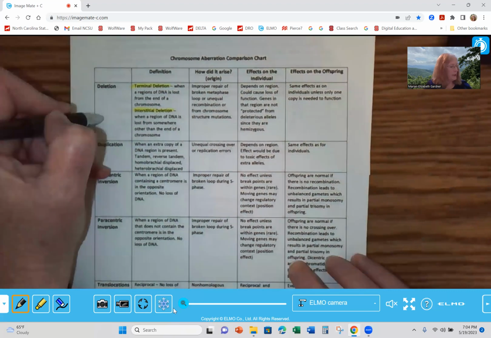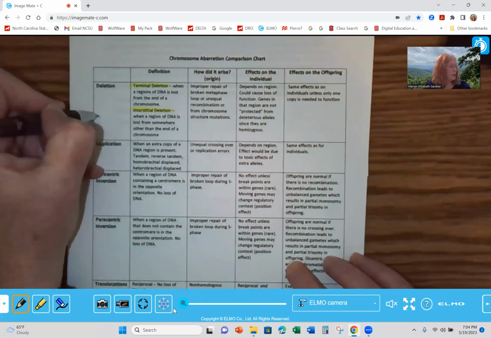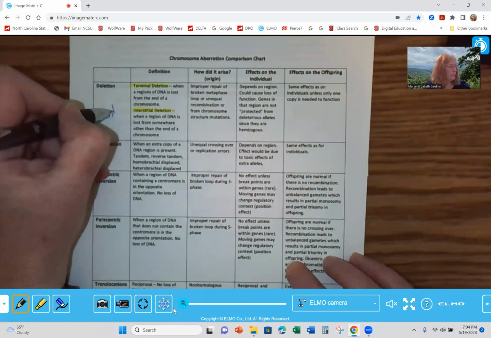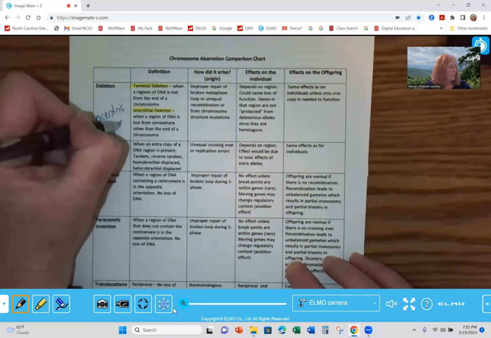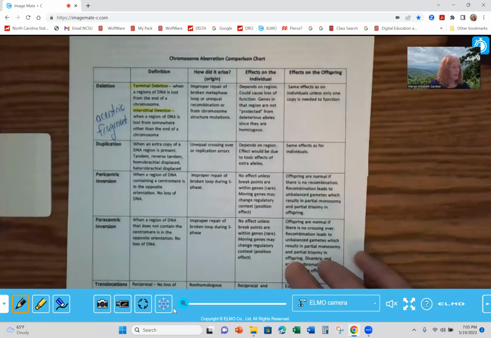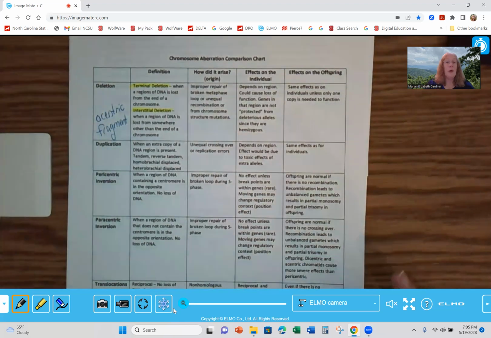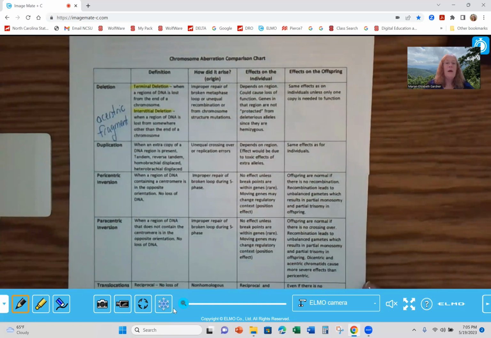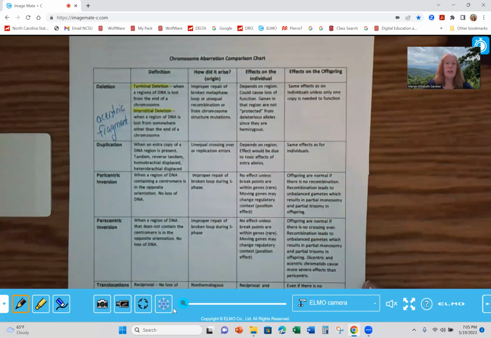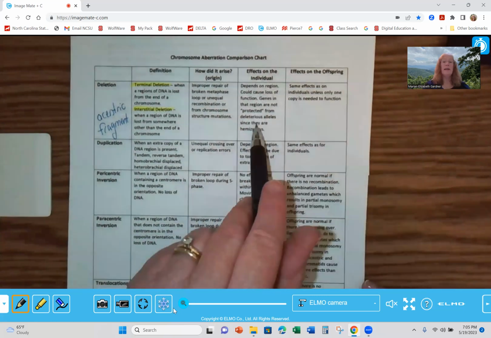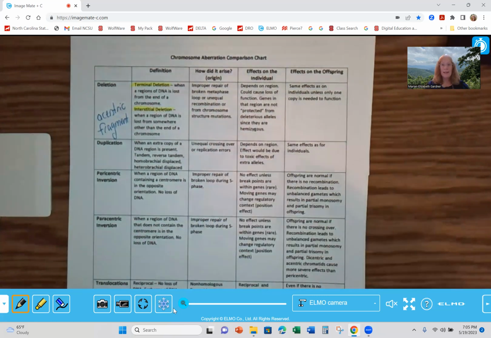I'm not sure if that word is in here. That's another word that is important, the name of the part that is lost in the deletion. And it tells you some ways that this can originate, and then it tells you how it can affect the individual that has it when it originated, and how it can affect the offspring.